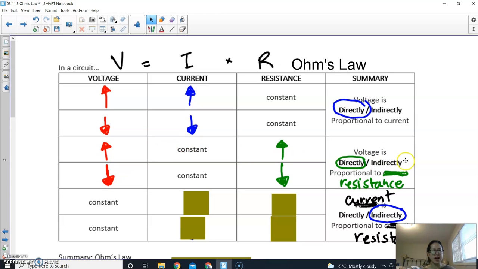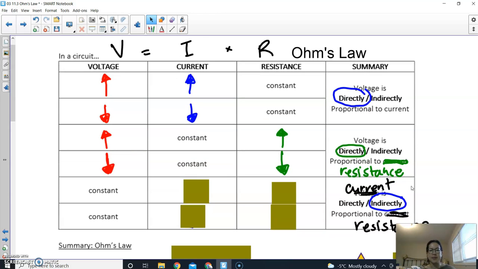Okay, so I don't know if these changes were made already on my newest handout, but voltage is also directly proportional to, so I don't want you to write down current, it should be resistance. I think I changed it, but I'm not sure.